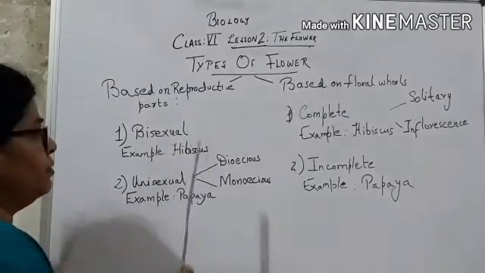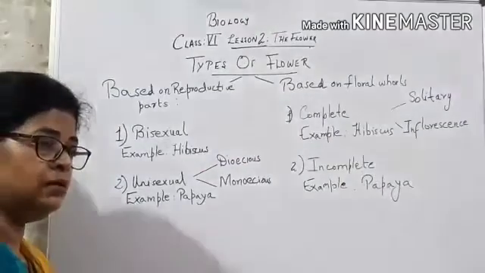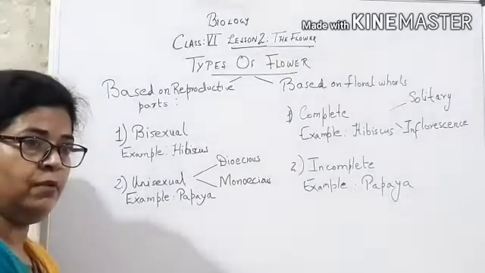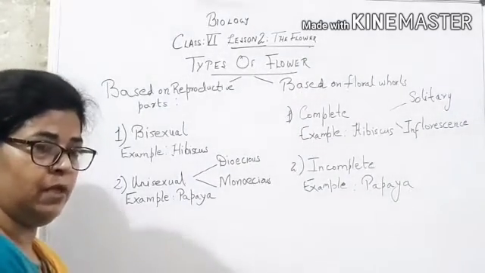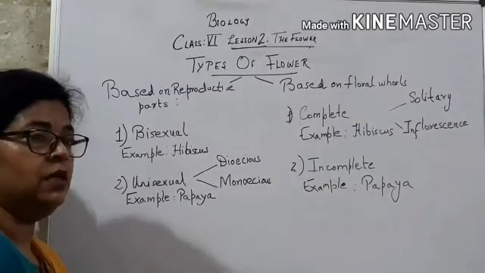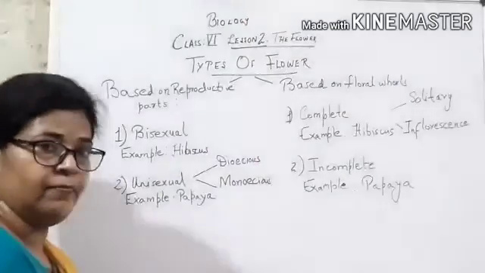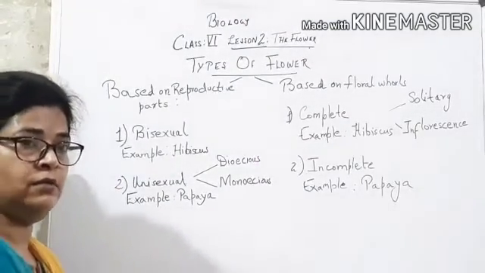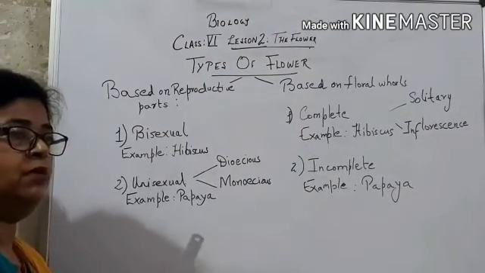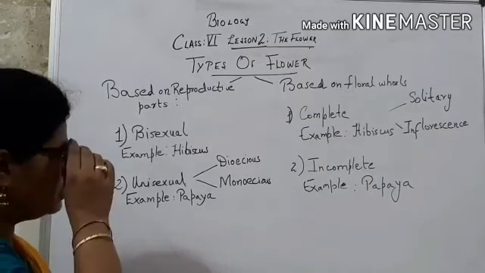But if male flowers and female flowers are in different plants, a plant having male flowers and a plant having female flowers, such plants are called dioecious, like a papaya plant.